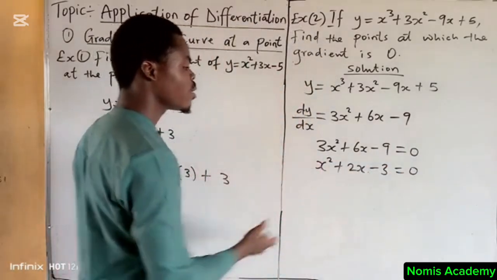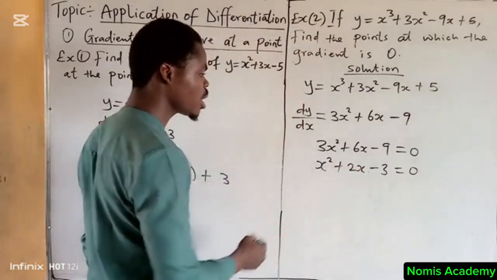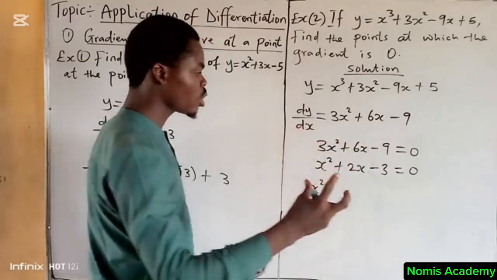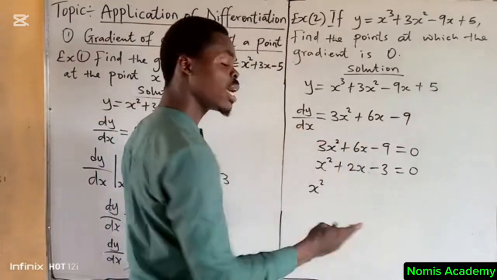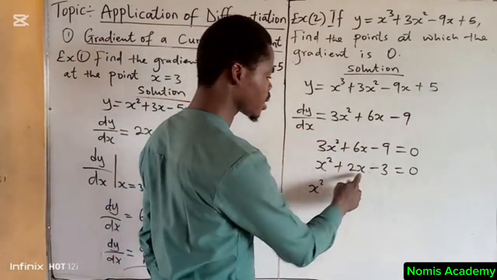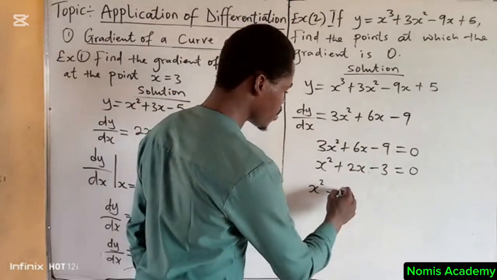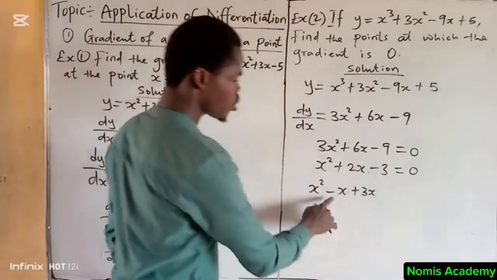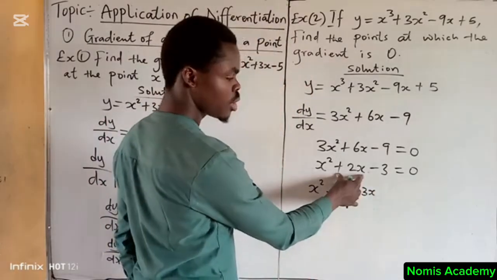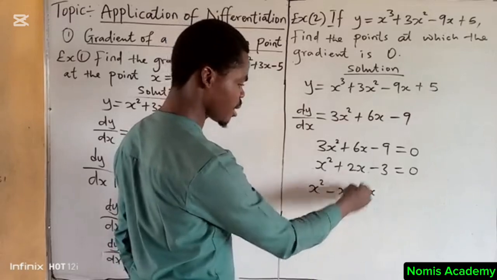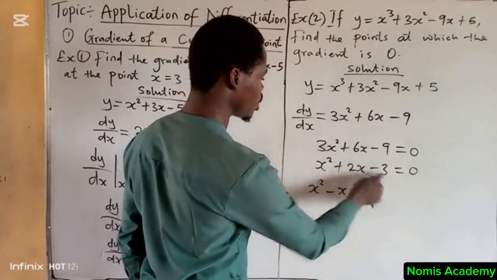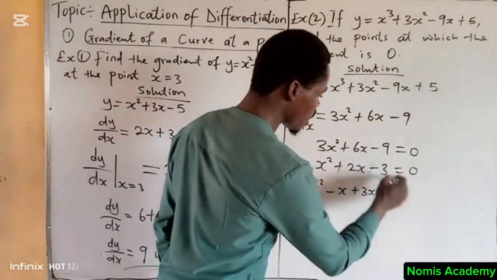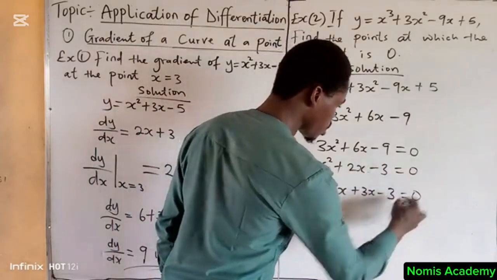Now let's factorize the quadratic equation. We need 2 factors of minus 3x squared that will sum up to 2x. Those factors are minus x and plus 3x. So minus x plus 3x will give me plus 2x, and minus x times 3x will give us minus 3x squared. So we now have x squared minus x plus 3x minus 3 equal to 0.